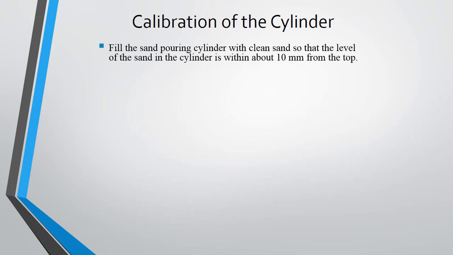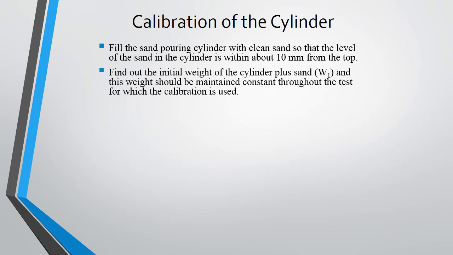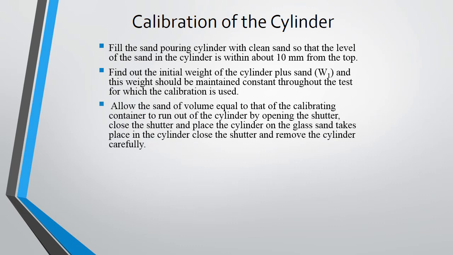Calibration is done in the following steps. First, the sand pouring cylinder is filled with clean sand up to the top level, and the initial weight is found out and noted as W1, which should be maintained as constant. The sand of volume equal to that of the calibrating container is run out of the cylinder by opening the shutter.